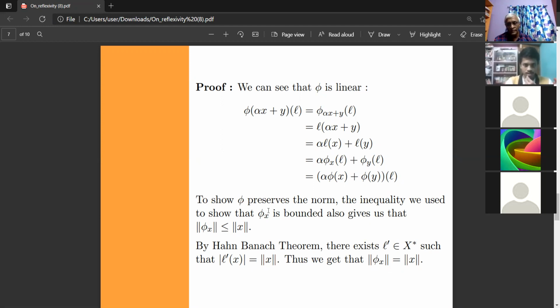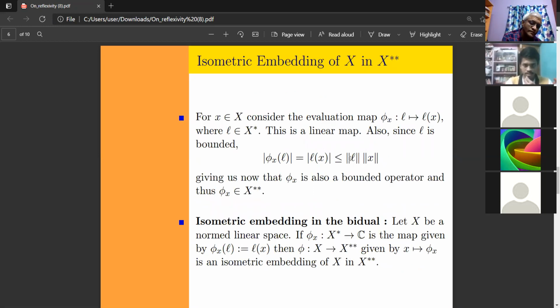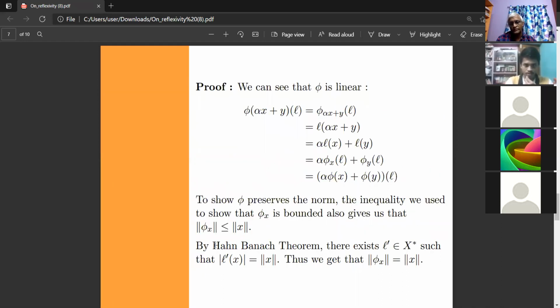For that, here we showed that the modulus of phi h of L is less than or equal to the norm of L times the norm of h. From that we get that the norm of phi h is less than or equal to the norm of h.